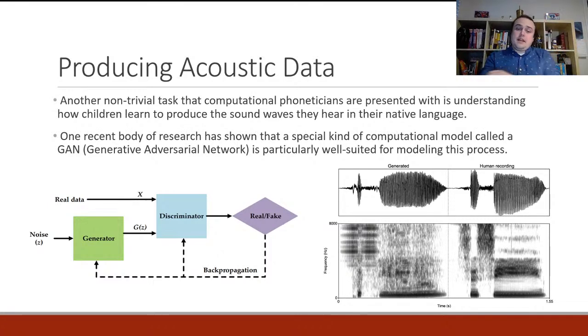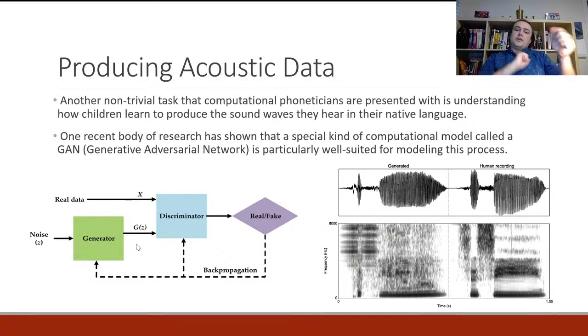If the discriminator is wrong and it accidentally labels the generator's data as human or the human data as generator created, then backpropagation is going to teach the discriminator what it missed. So it's going to say, hey, this was made by the generator, but you thought it was human. Here are all the ways it was different from the human data. And this gets iterated. So this backpropagation algorithm teaches them to be better at their jobs.